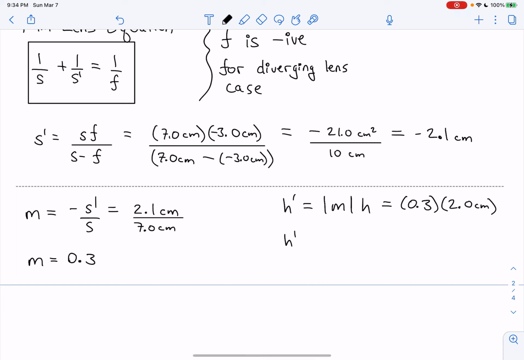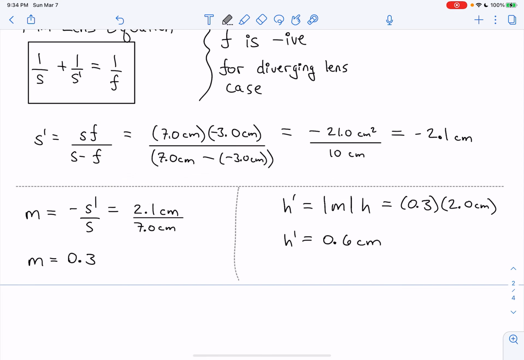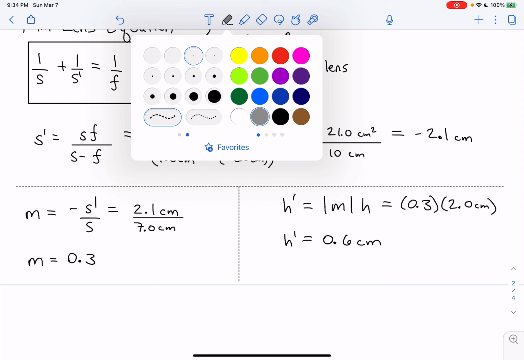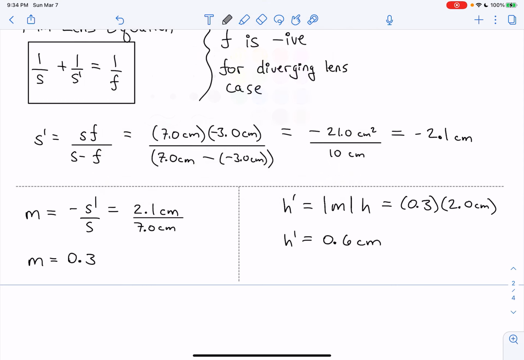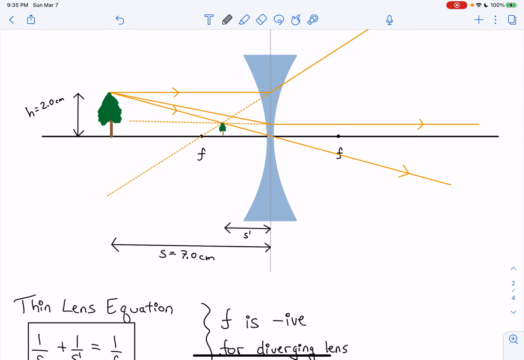So the h prime, the height of the image, is going to be 0.6 centimeters. And if I actually go and measure in the full scale view here, 0.6 centimeters is almost exactly right. So if you're very careful in doing ray tracing, you can get very good answers.